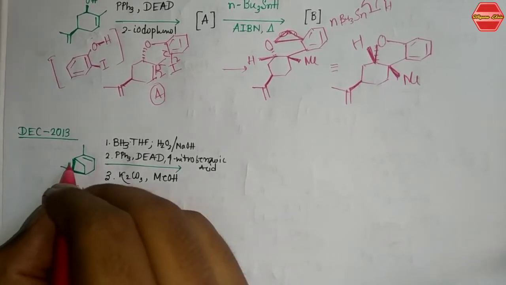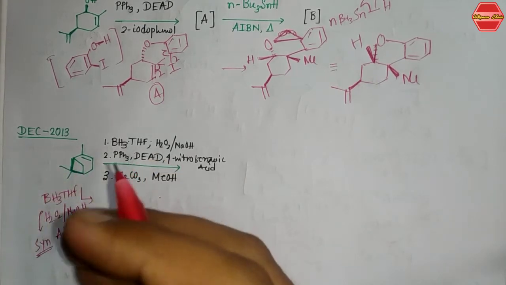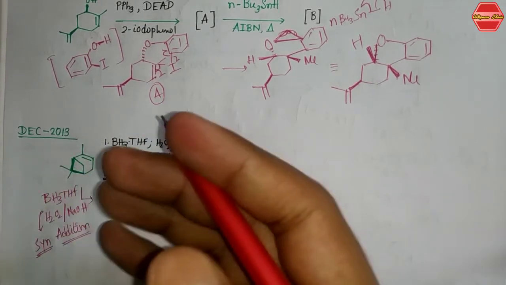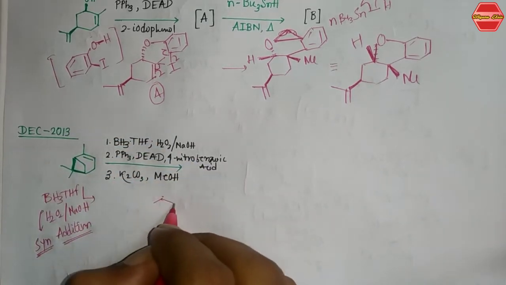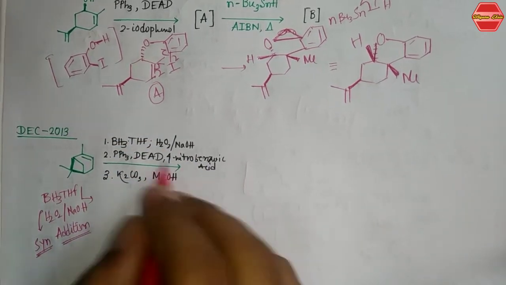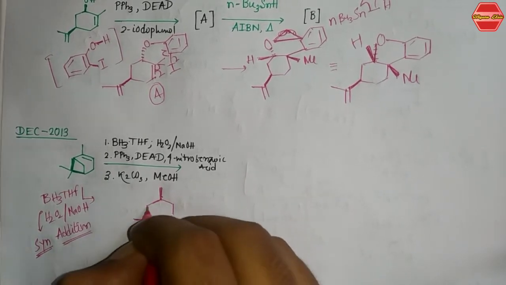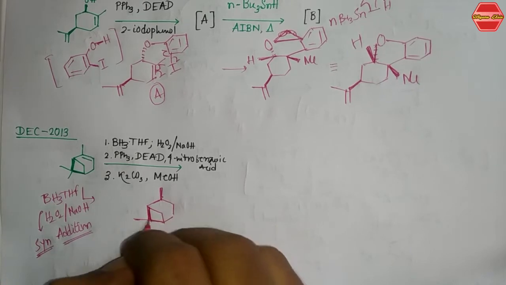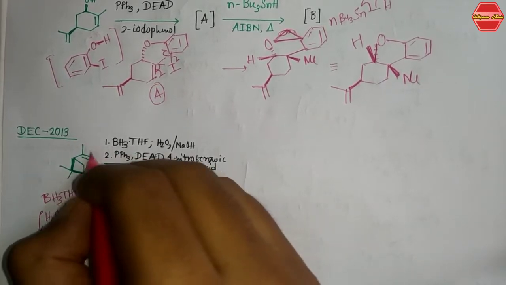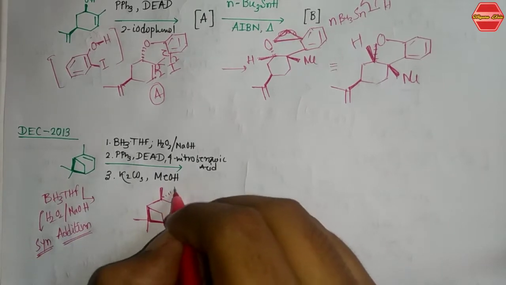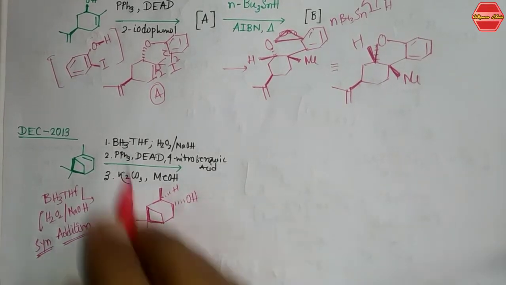You can see here this group is above the plane, so when the hydroboration oxidation takes place, it should take place below the plane. So that is what you get. I have not written the overall mechanism for this reaction. You have this one, which is above the plane, and then the hydroboration oxidation takes place on this double bond. So you can see here this is your hydrogen and this is your oxygen. So this is your product.